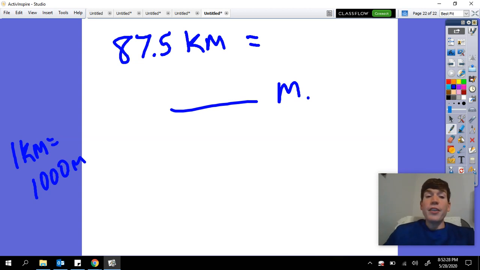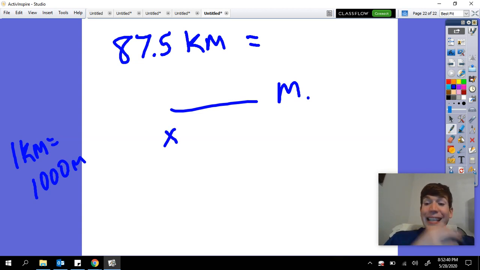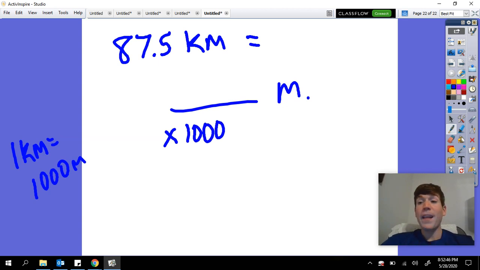So I know that it's going to take a lot more meters because they're a lot smaller. I'm going to have to multiply each of those by 1,000 because there's 1,000 meters in a kilometer. The cool thing here is we've already talked about a really quick way to multiply by 1,000.